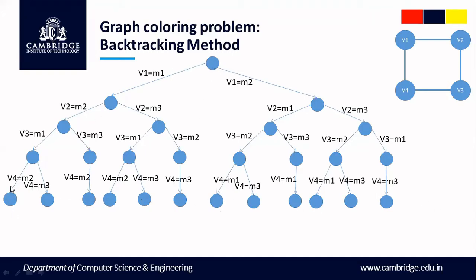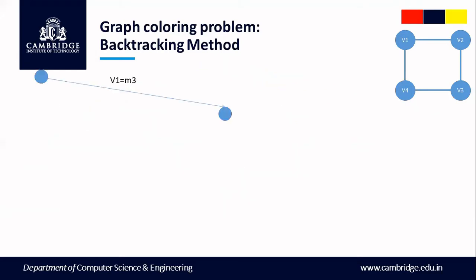You can see that all these cases are successful cases, different combinations it can have. Likewise, can we backtrack and change the option for V1? V1 can be assigned M3.